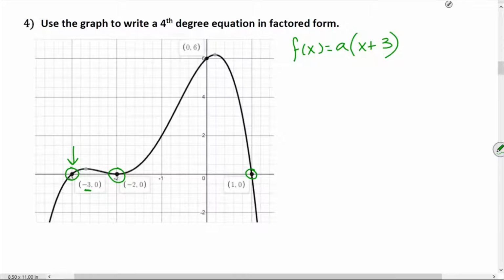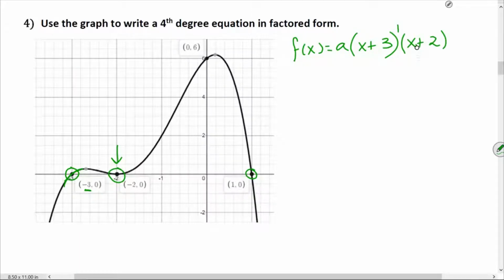At that point, the graph crosses the x-intercept, so that must have a multiplicity of 1, because it just crosses very cleanly. It doesn't do a wiggle as it goes through the x-intercept. At this x-intercept, the factor I would need to get -2 as a zero would be x plus 2.